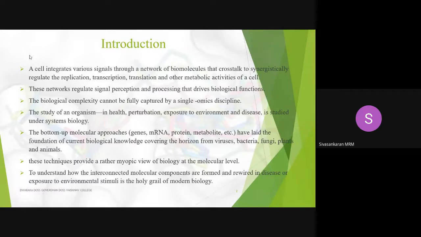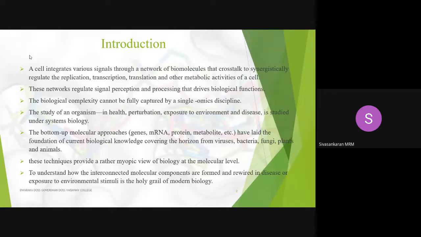For example, if we have any disease, the disease-causing viruses or bacteria will have proteins involved in the disease. So we can identify the particular proteins which are the causative agents for the particular diseases and target them for drug docking.